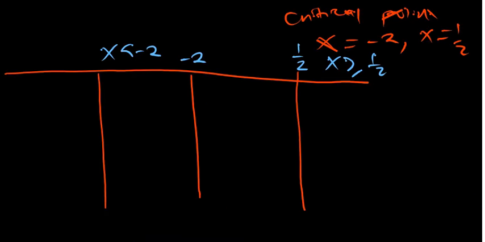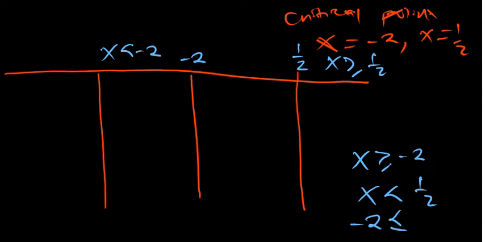So X is greater than or equal to negative 2. At the same time X is less than half. What does it mean? The values are starting from negative 2, less than or equal to X, but X has to be less than half. If you attended my inequality class, I said negative 2 is less than X is the same as X is greater than or equal to negative 2.